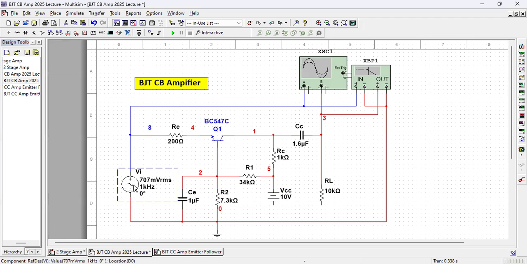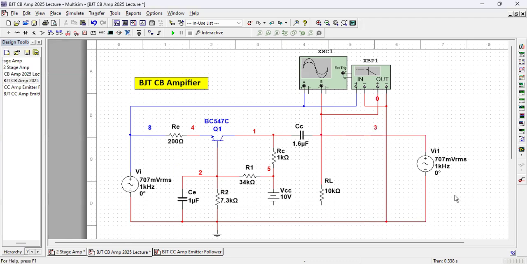So what I do, I copy this AC voltage source here temporarily for you, and I give an AC supply to the system from the backward side. That means from the output side, right?